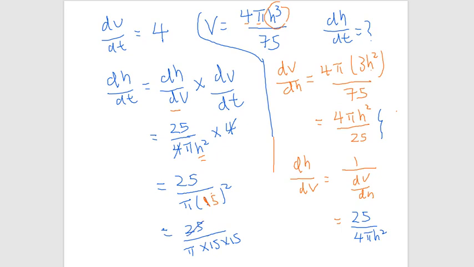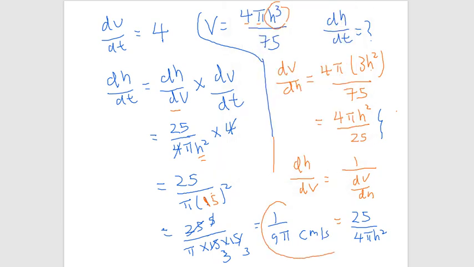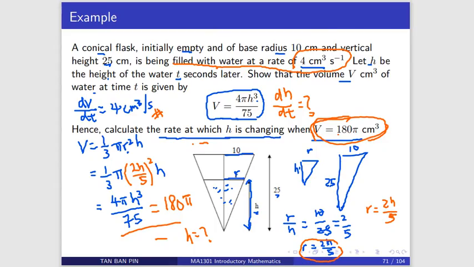You can divide by 5 to give you 3, then divide by 5 to give you another 3. So it should be 1 over 9 pi. Because it's height, it's cm per second. So the final answer is 1 over 9 pi cm per second.